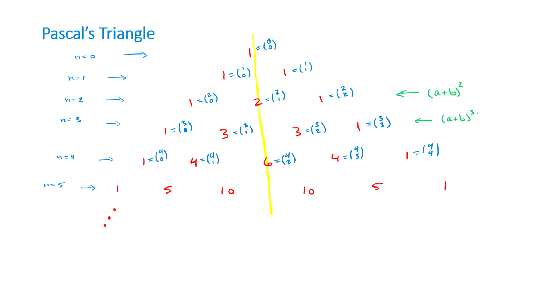Note the reason why you would do this. For example, if we pick on this guy right here, which is 3, it corresponds to 3 choose 2. If you actually expanded out this polynomial of a cubed plus 3a squared b plus 3ab squared plus b cubed, that 3 right there would correspond to the fact that you are selecting exactly 2 of your potentially 3 b's involved.